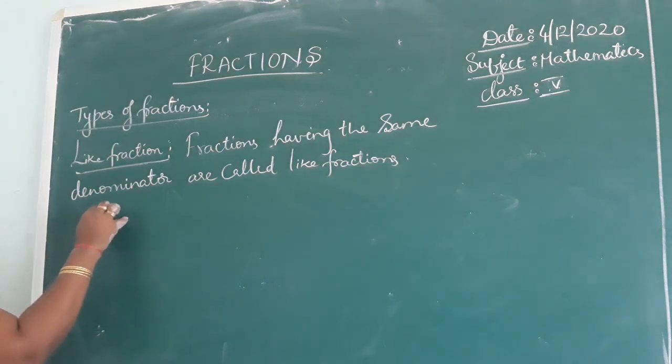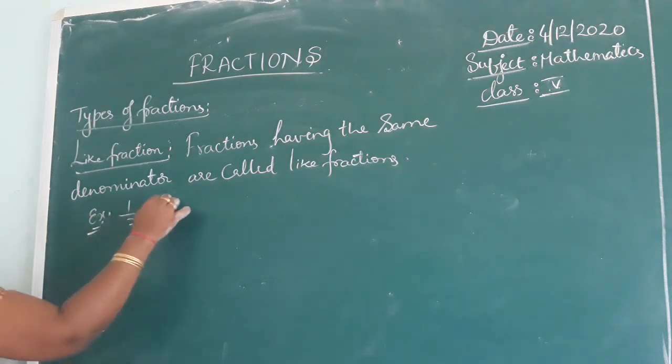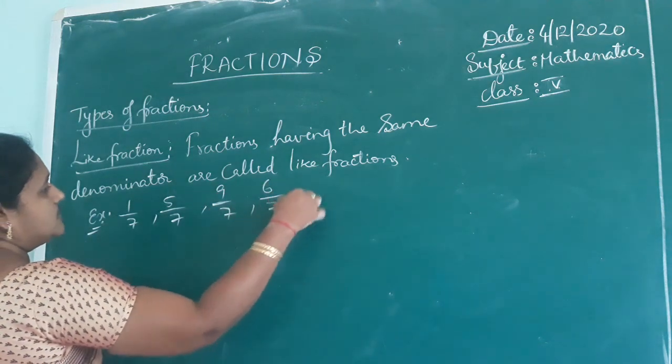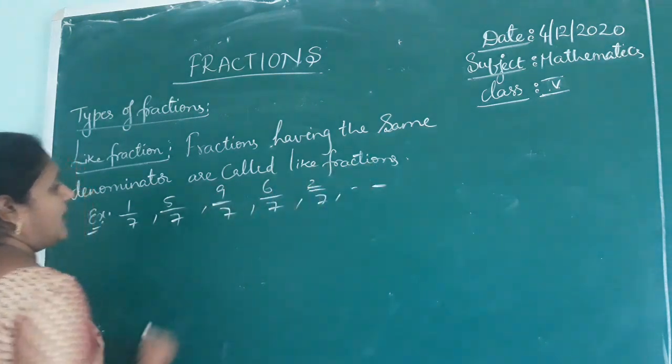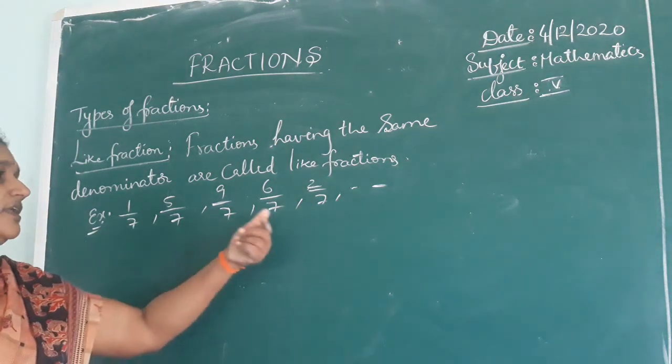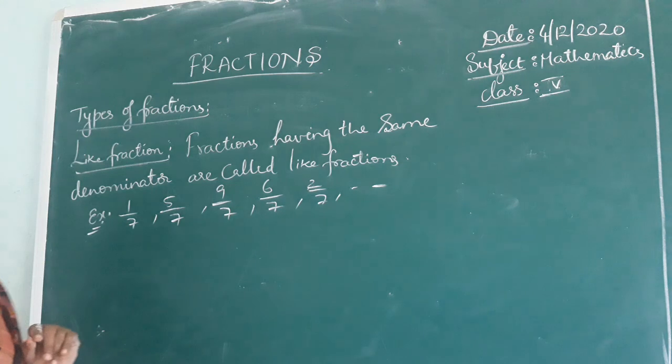For example, 1 by 7, 5 by 7, 9 by 7, 6 by 7, 2 by 7 and so on. These are all having the same denominator 7, so these are all like fractions.